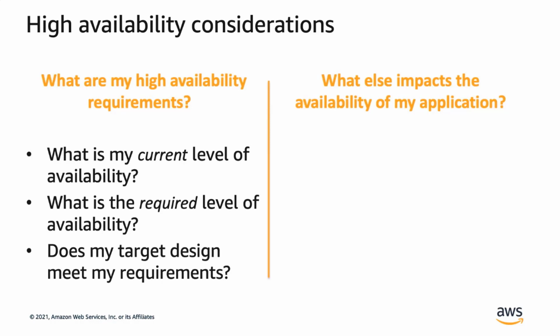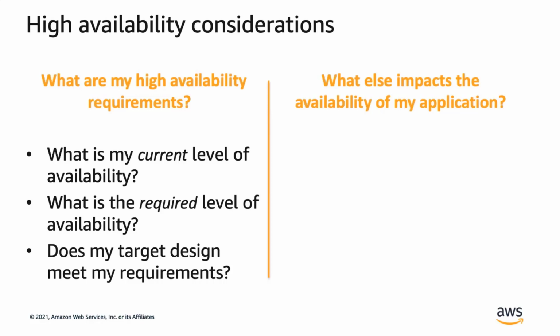It's important to think of things like, what is your current level of availability? How are you measuring that? And are you meeting your current goals? And then what is the required level of availability? What is the business driver for that requirement? And is it reasonable? And finally, once you settle on a design, go back and review whether it meets your requirements.